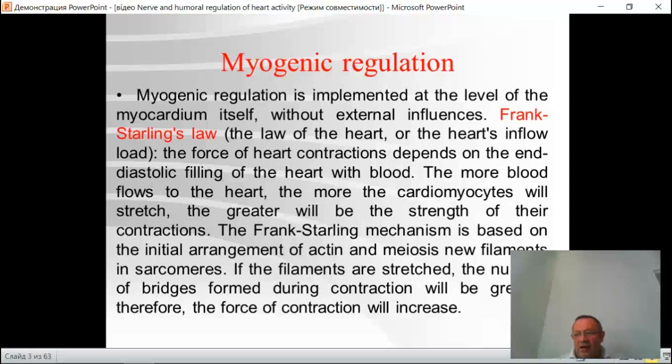The Frank-Starling mechanism is based on the initial arrangement of actin and myosin filaments in sarcomeres. If the filaments are stretched, the number of bridges formed during contraction will be greater, therefore the force of contraction will increase.